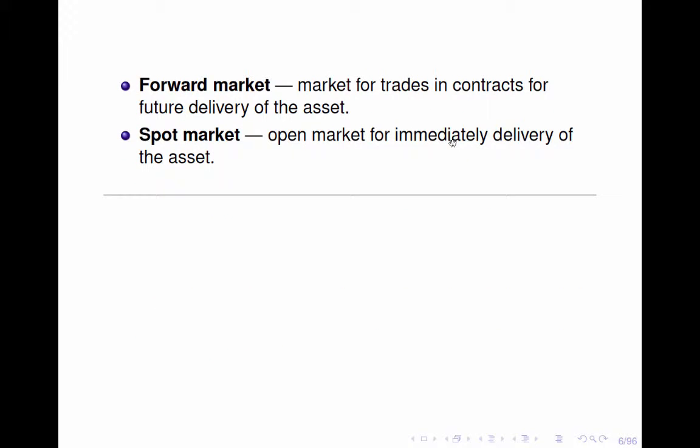Having introduced the concept of forward contracts, it is also worth mentioning that the market for trades in contracts for future delivery of the asset is called the forward market, whereas the open market for immediate delivery of the asset is called the spot market.